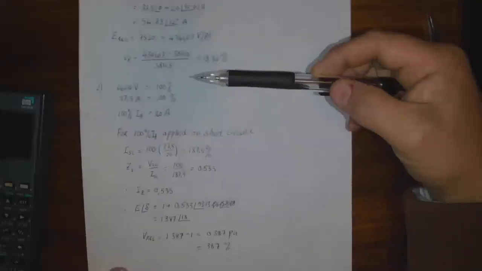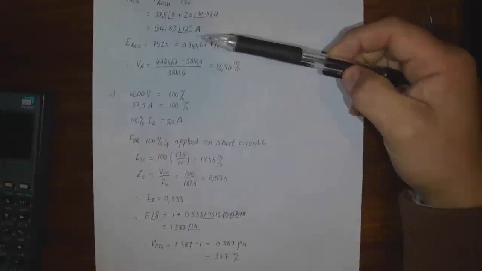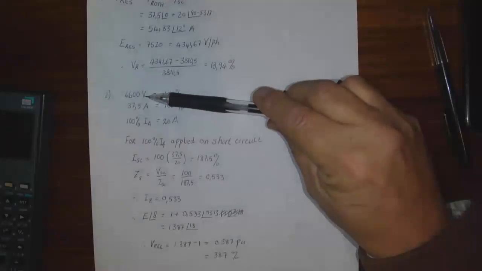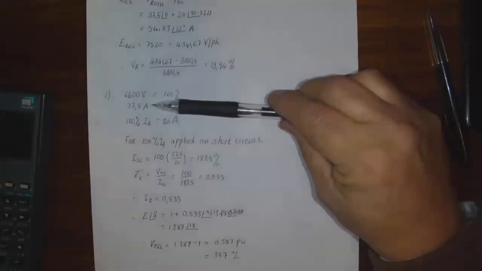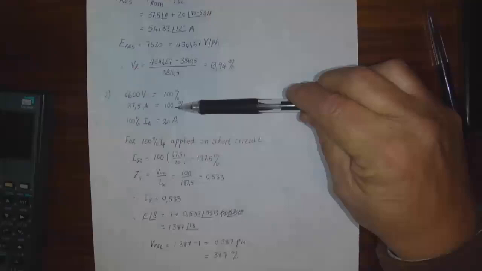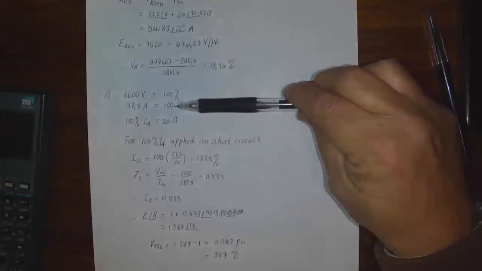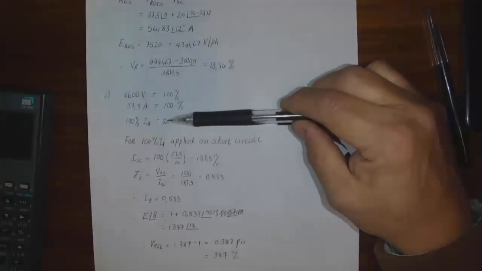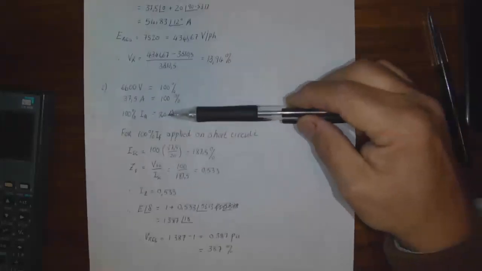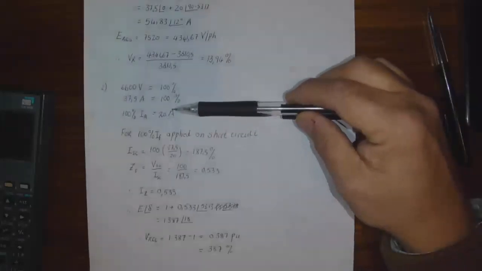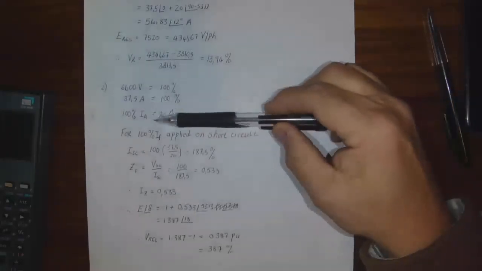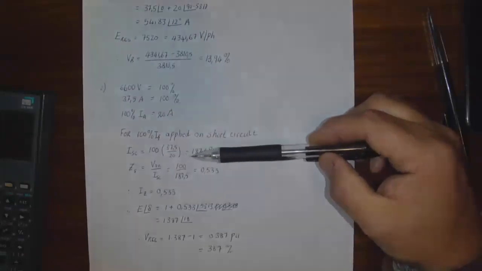Now, the impedance one. This is where it gets tricky. If we assume that 6,600 volts is 1 per unit, and 37.5 is also 1 per unit, because that gives you 6,600 volts, and the field current for short circuit current is 20 amps. So if we applied 37.5 amps instead of 20, what will the voltage now be?